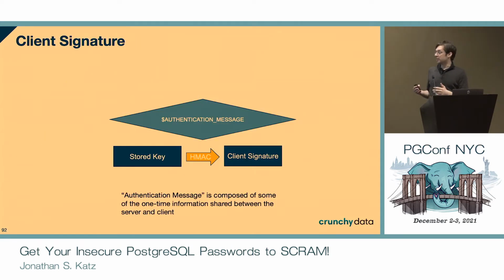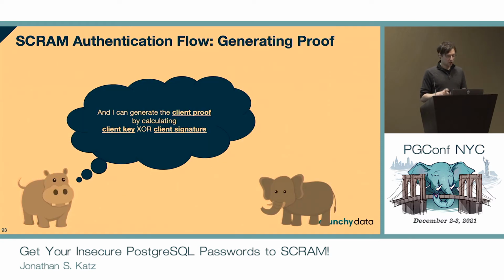It effectively looks like this. Now, the authentication message is a little complicated in the sense that I can't fit it on one slide. But essentially it's a bunch of one-time information that you have during this session you're trying to authenticate. And from there, you get what we're calling the client signature. We then are going to generate something called the client proof. The client proof is an XOR between the client key and the client signature.